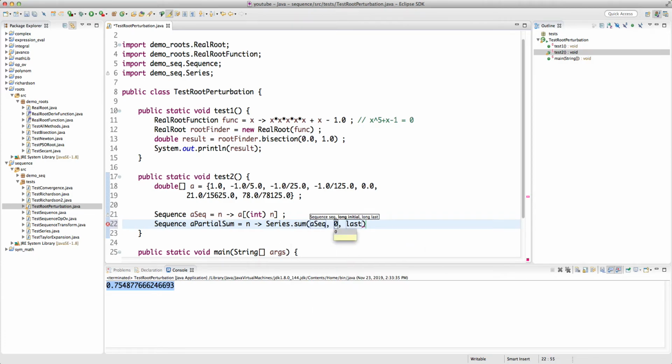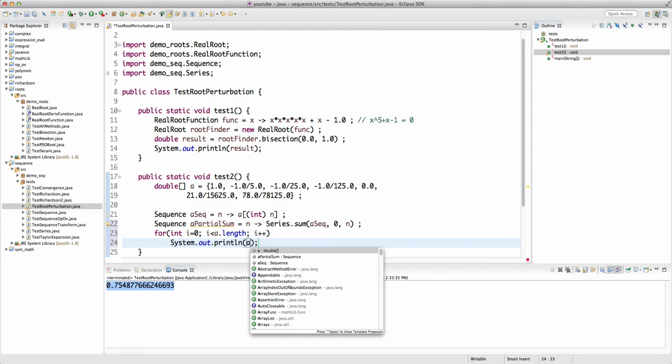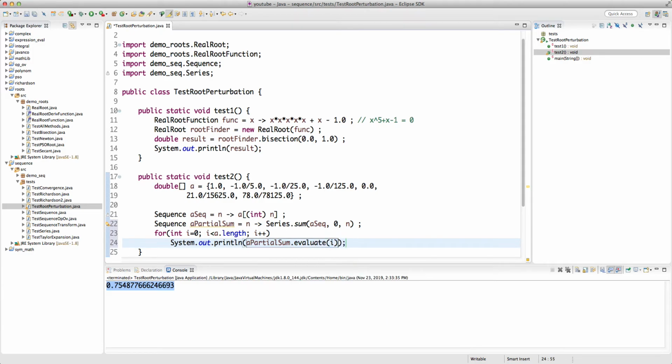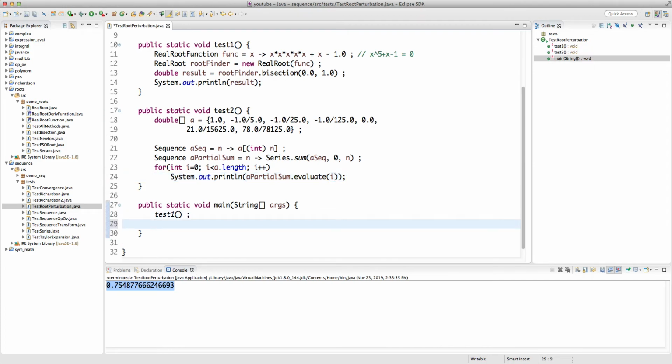We're going to sum from 0 to n, all right? And then for int i equals 0, i less than a dot length, i plus plus, we're going to System.out the A partial sum evaluated at i. So let's see what we get.